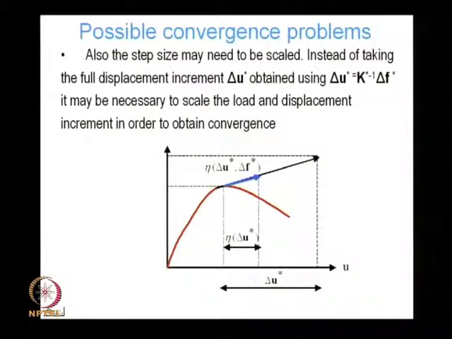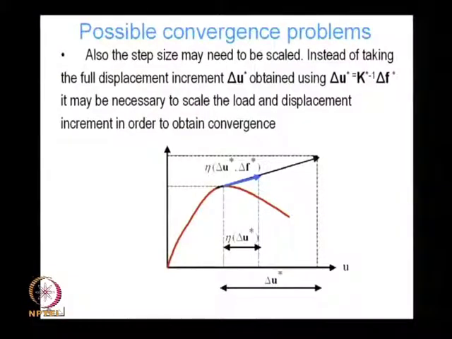But if I take that delta u star, I am lost, because there is no internal force vector on this curve here. So, I have to reduce that increment, I have to scale it with this factor eta.